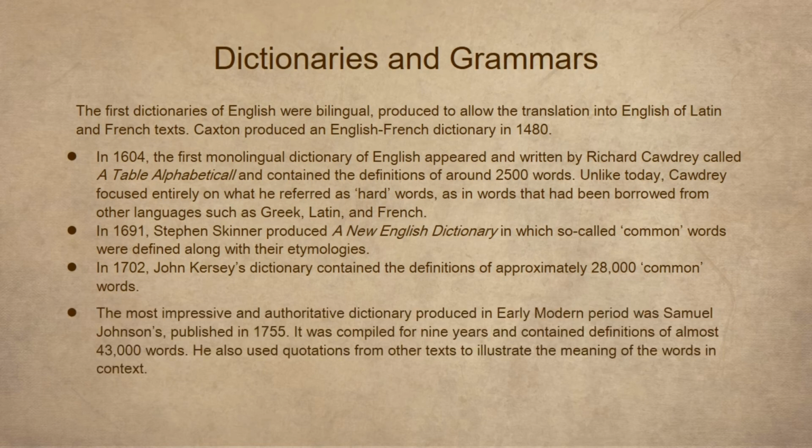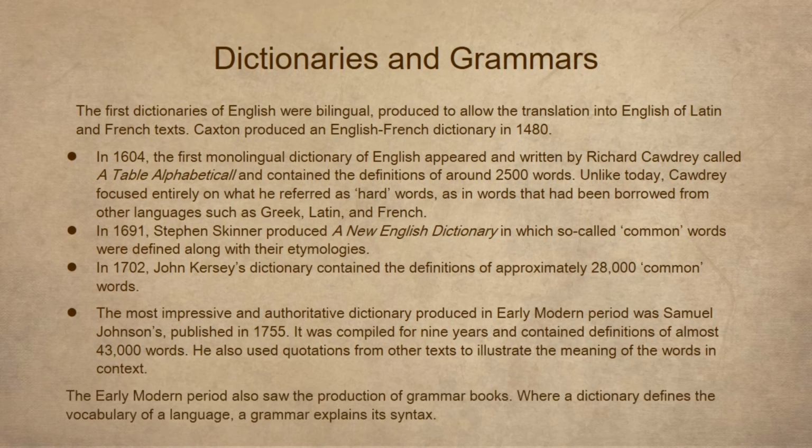The most impressive and authoritative dictionary produced in the early modern period was Samuel Johnson's, published in 1755. It was compiled for 9 years and contained definitions of almost 43,000 words. He also used quotations from other texts to illustrate the meaning of the words in context.